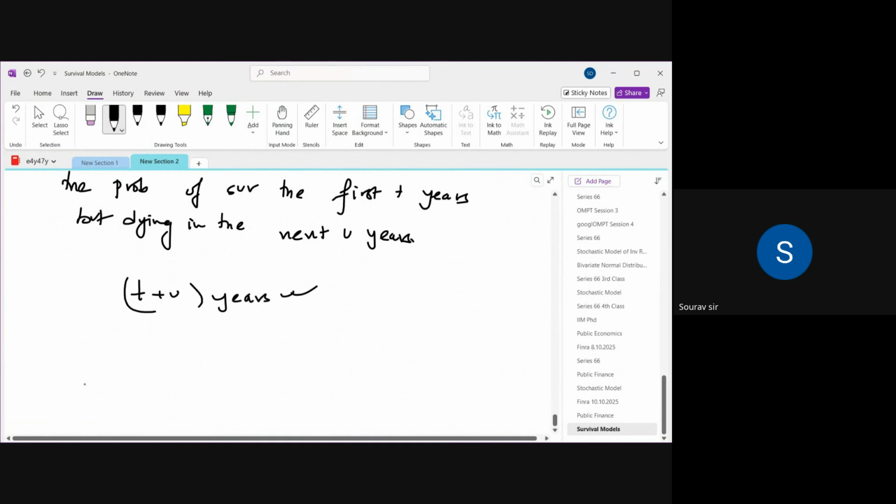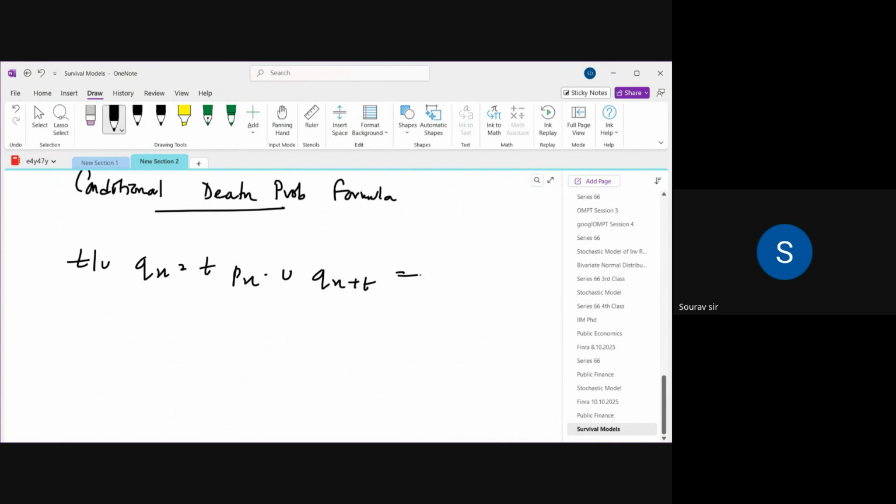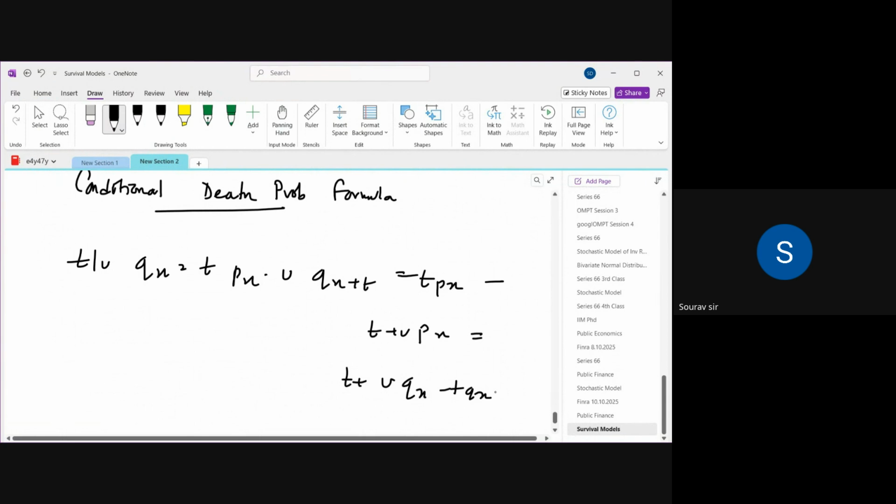Okay, so here the conditional death probability formula will be: uqx is equal to tpx times uqx plus t. This means what?